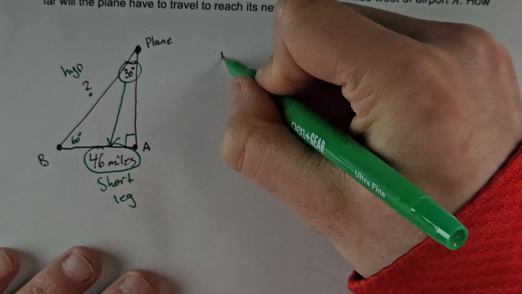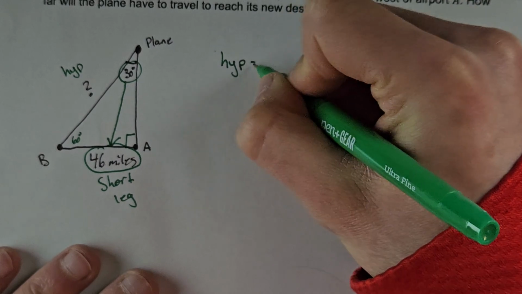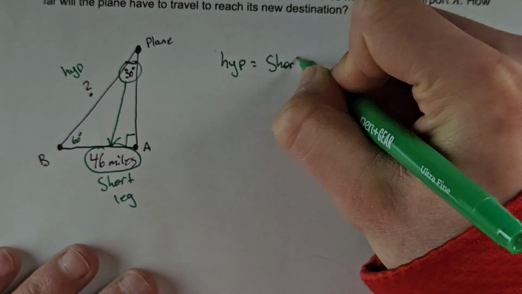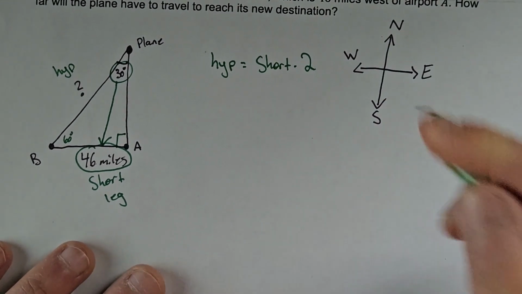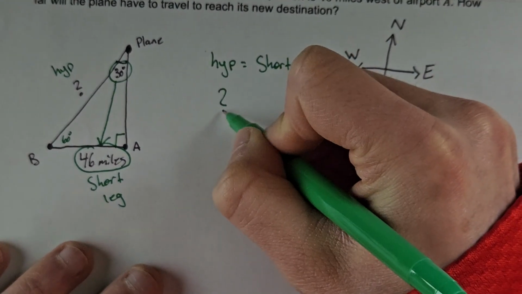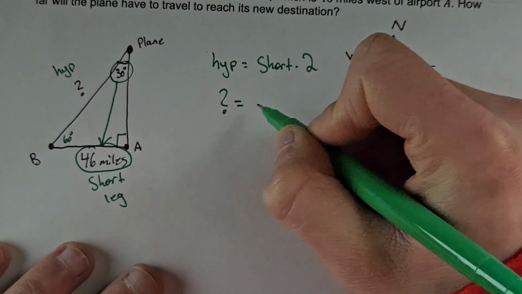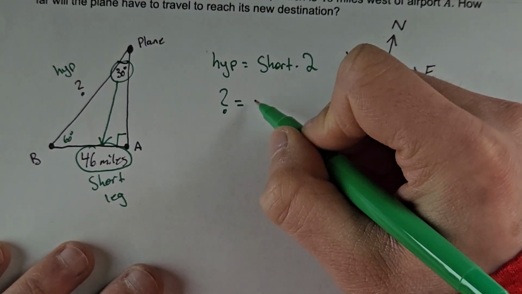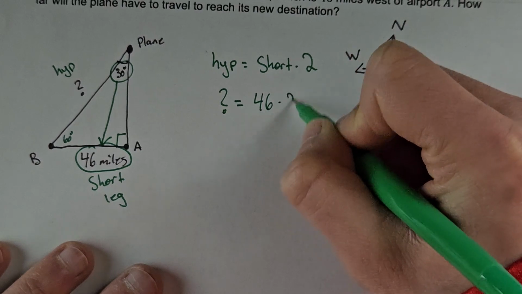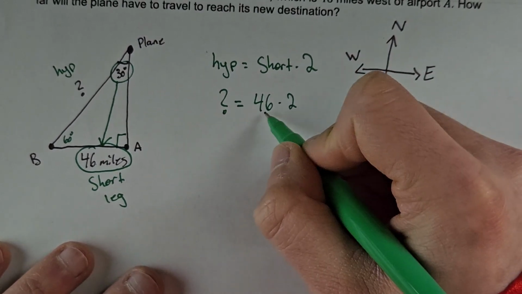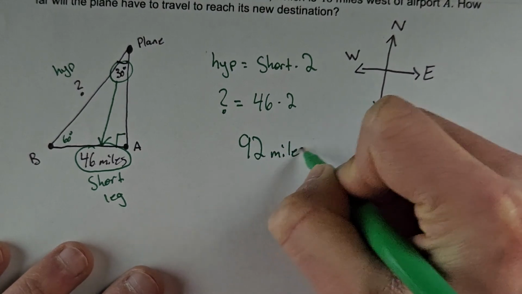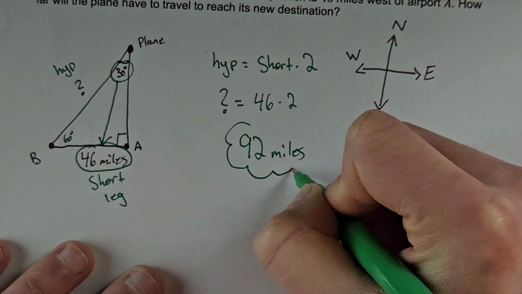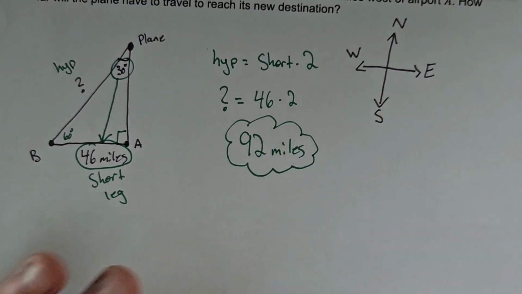So when setting up my problem, I will have the hypotenuse is equal to the short leg times 2. And filling in my information, I have that hypotenuse right here that I need to find is equal to the short leg, which is 46 times 2. And doing 46 times 2, I'd get 92 miles for my final answer from the plane itself to Port B.